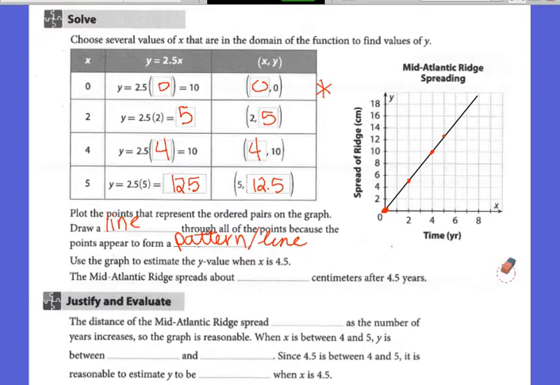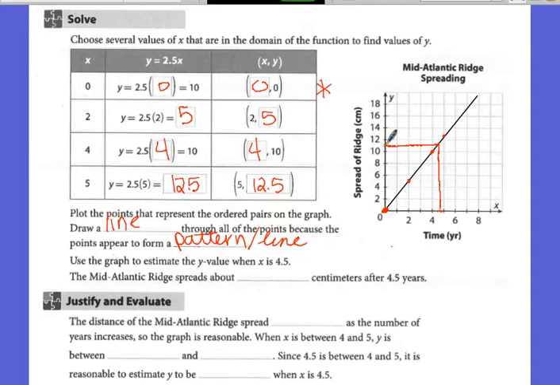Okay, then we're going to use the graph to estimate the y value when x is 4.5. Right, so again, I'm going to follow it up from 4.5. So here's 5, so 4.5 is about right here. I follow 4.5 up. And then I follow it over here.